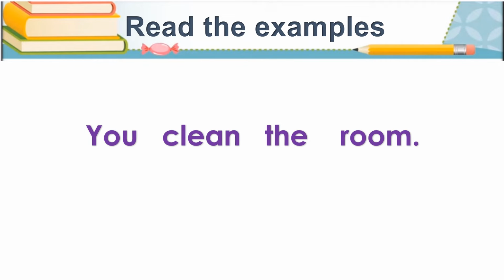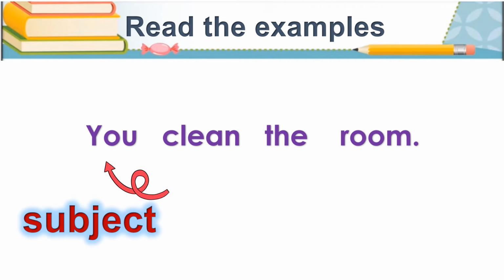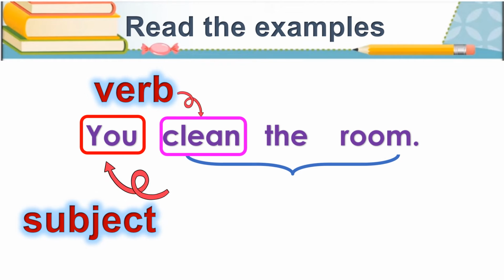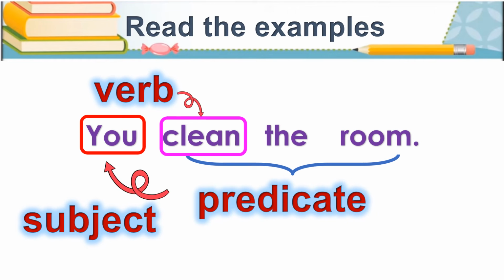Another example. You clean the room. You is the subject. Ito ang tinutukoy sa pangusap. Siya. Yan. Next, clean is our verb. And clean the room is our predicate. So, hanapin nyo muna yung verb.